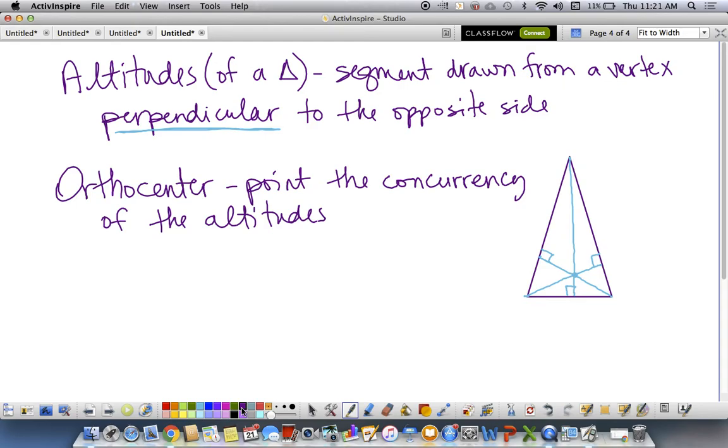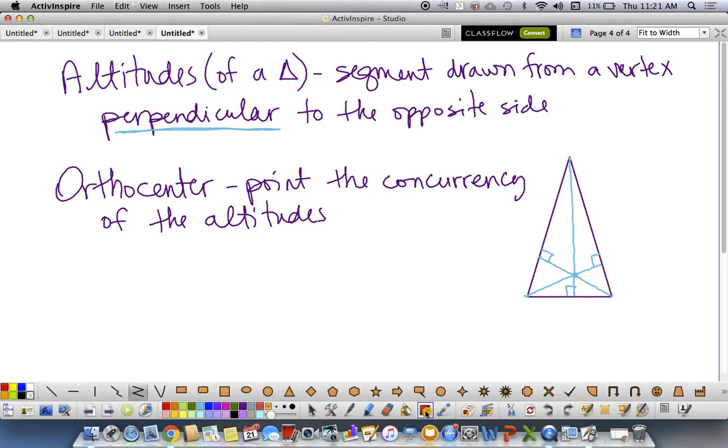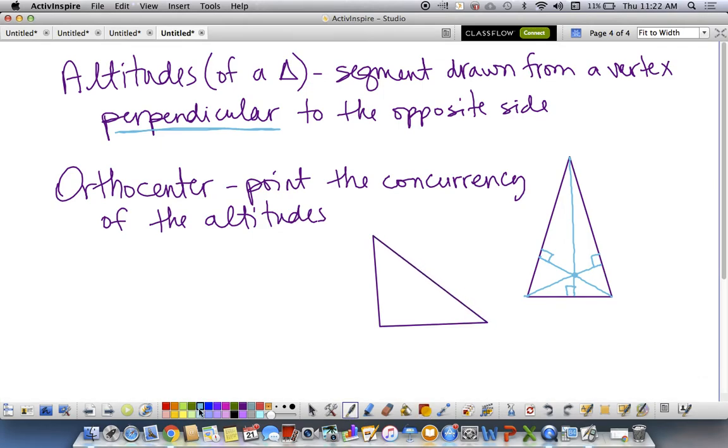Okay? The point of concurrency is called the orthocenter. So that acute triangle, it landed right there. Earlier, we drew some other types of triangles. What happens if we draw a right triangle? Where?